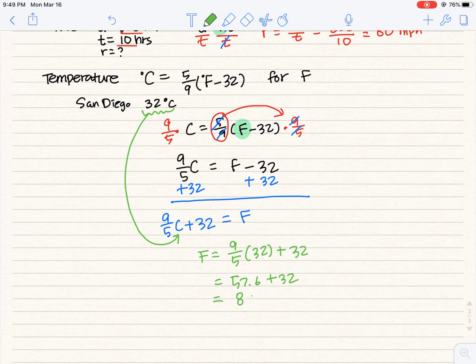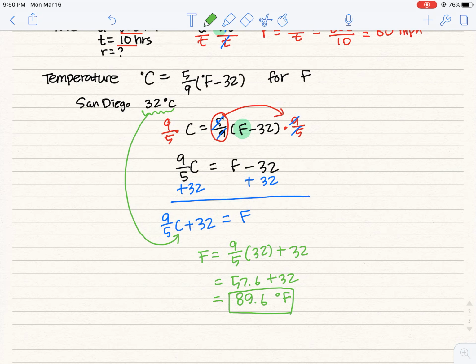And that's going to give me 89.6 degrees Fahrenheit. And that is going to be my final answer in this case.